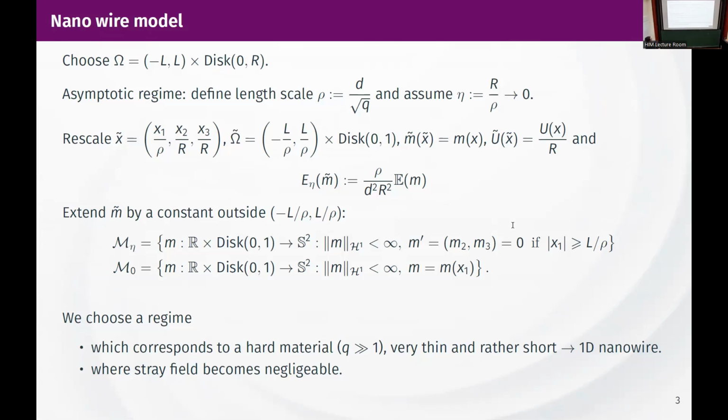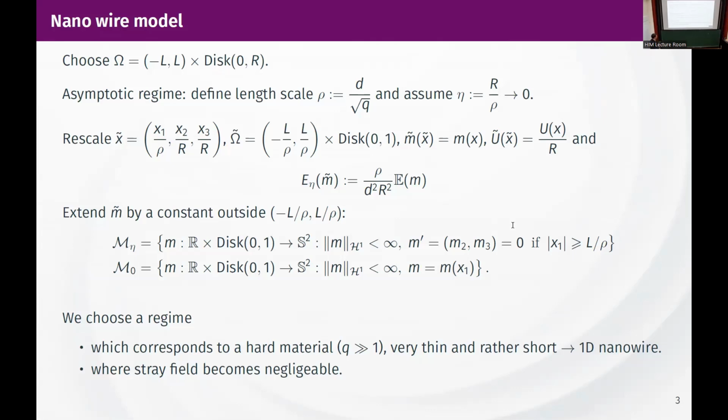of length L and a section that is a disk of radius R, and I do a scaling. I scale in the e1 direction, and in the section by R. So the energy that I mentioned before, we rescale it.